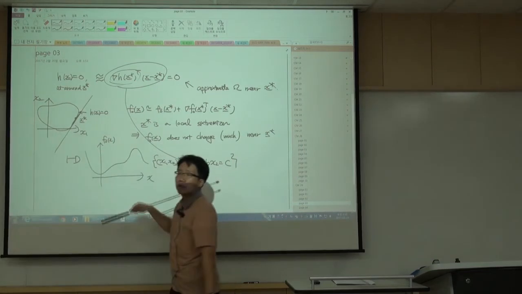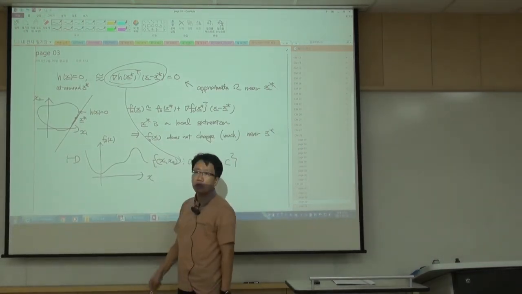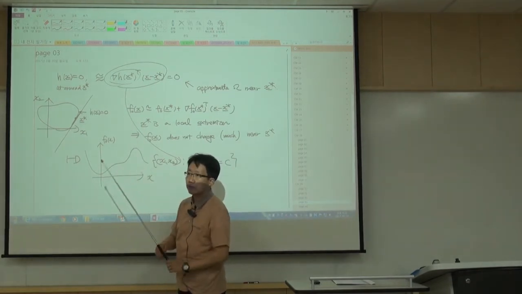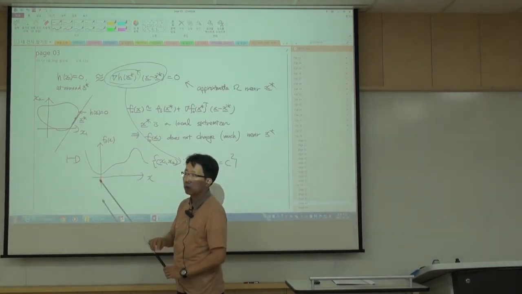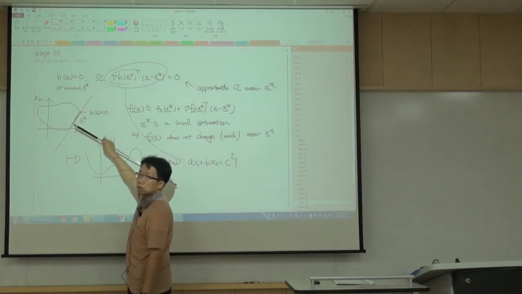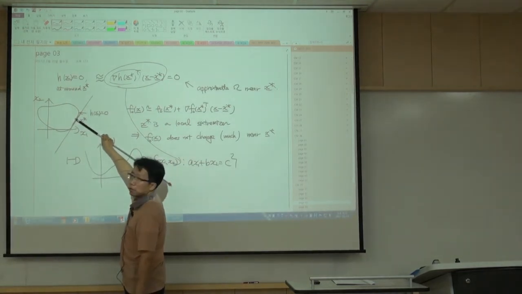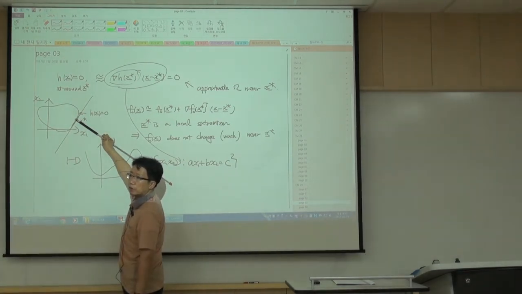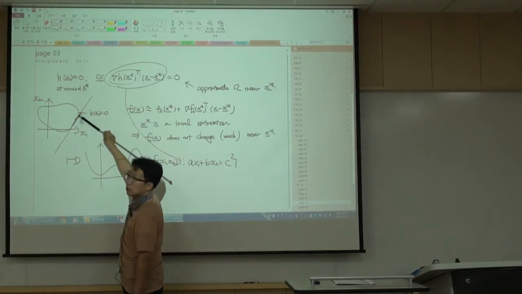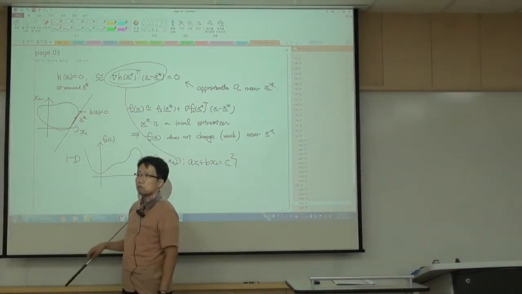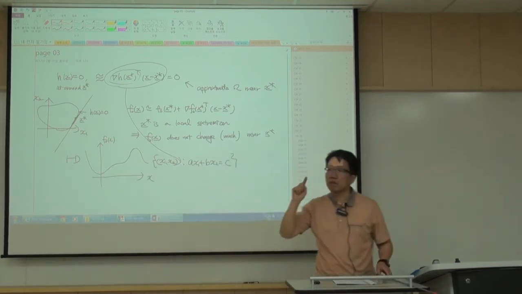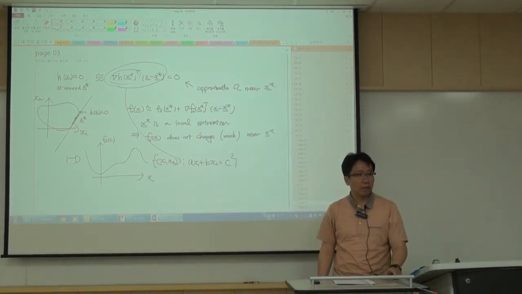Then when x star is a local extremizer with non-zero gradient of h, the gradient vector must be parallel to the normal vector of the straight line. In that case, if you move in that direction or that direction, the function value does not change. Got it? So in the case with m equals 1, what can you say?